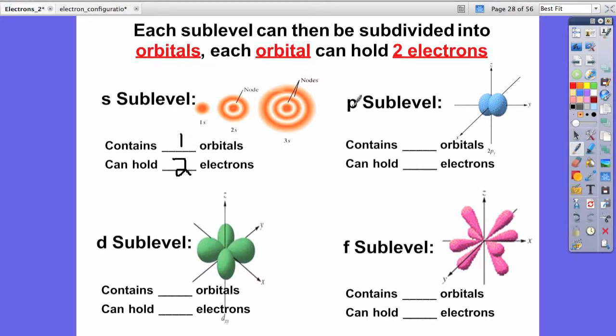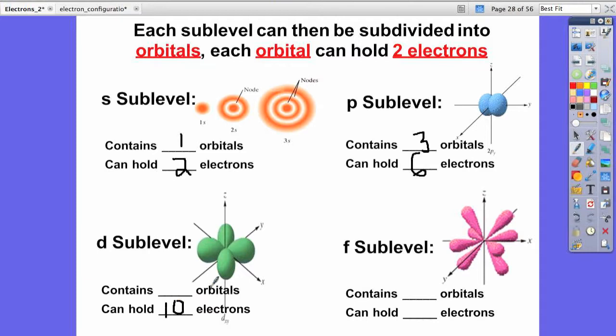But P contains a maximum of 6 electrons. If each orbital can hold 2 electrons, then it has 3 different orbitals. D sublevel can hold a maximum of 10 electrons.